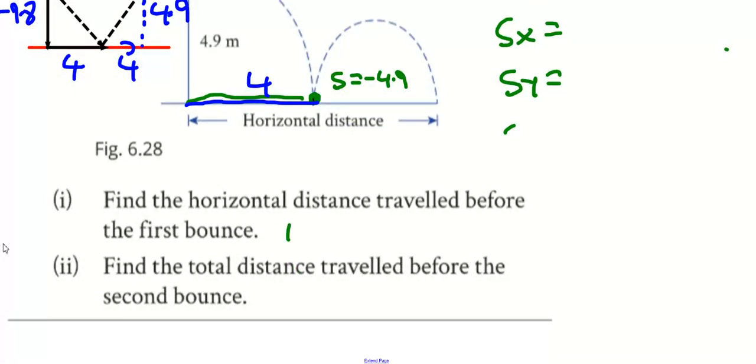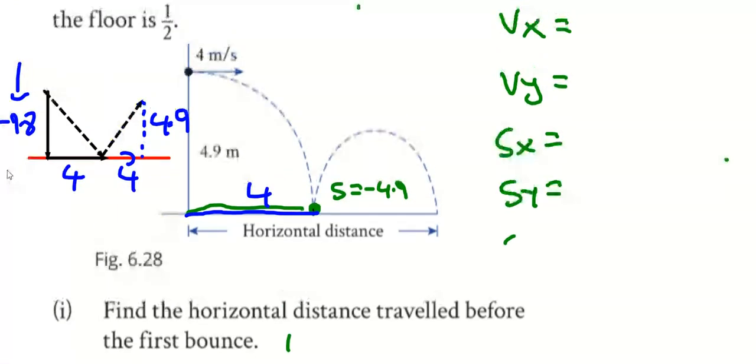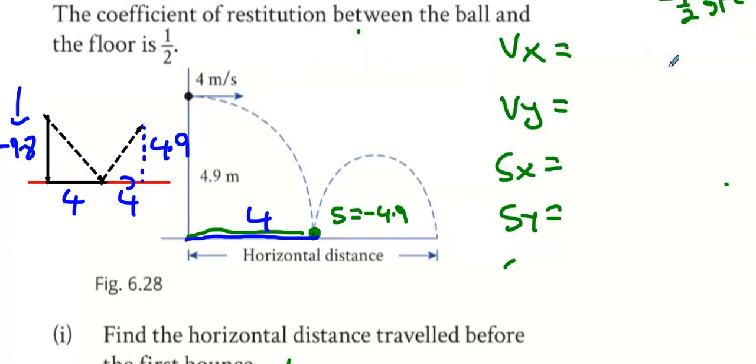Find the total distance traveled before the second bounce. Okay, we're going to do a brand new setup here. What's your Vx? Still 4. Your Vy? You start off with 4.9 moving upwards, but then gravity's going to play its part, isn't it? Minus 9.8 t.